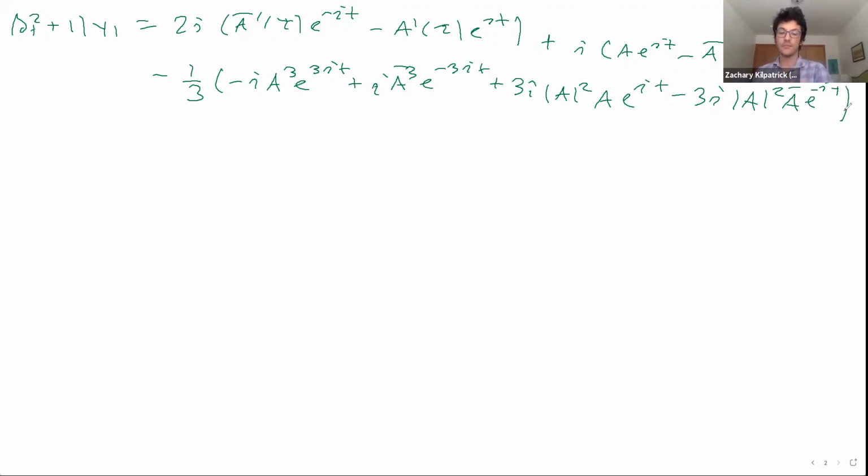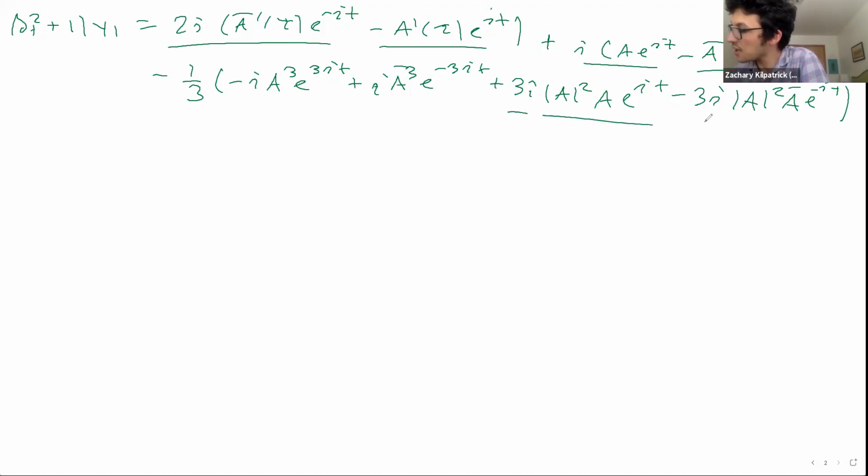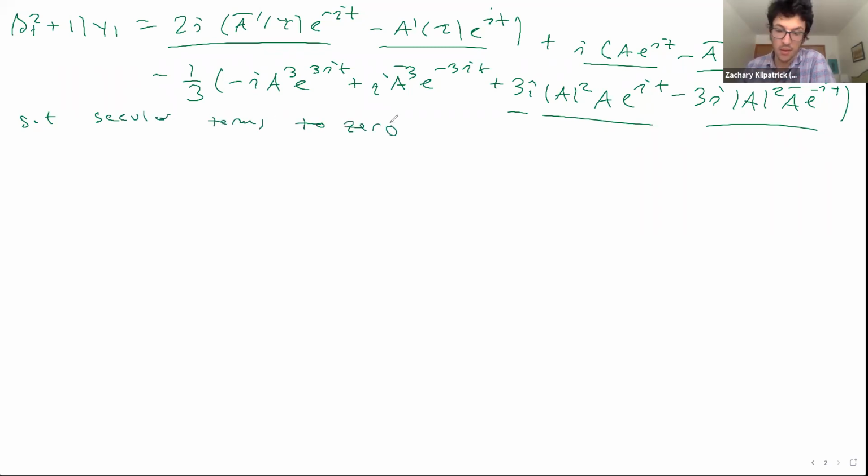Now what's important is really just setting the secular terms to 0. So we have a secular term there, here, here, and so on. The 3it and minus 3it terms don't really matter. So if we set our secular terms to 0, what do we get?